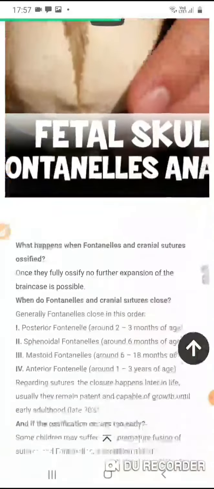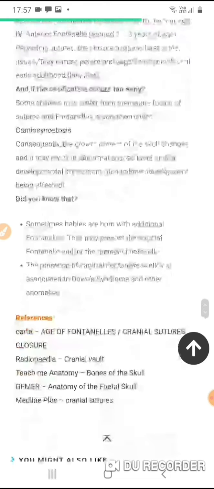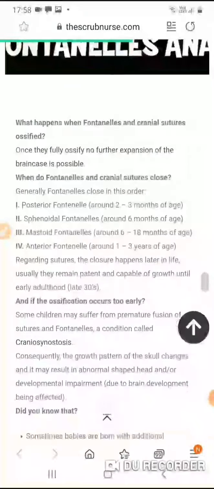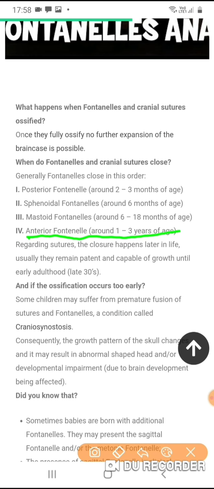So before going to detail, we are talking about just the significance of our fontanels. So when do fontanels and cranial sutures close? First of all, the most significant fontanel, the anterior fontanel, closes at 1 to 3 years of age.